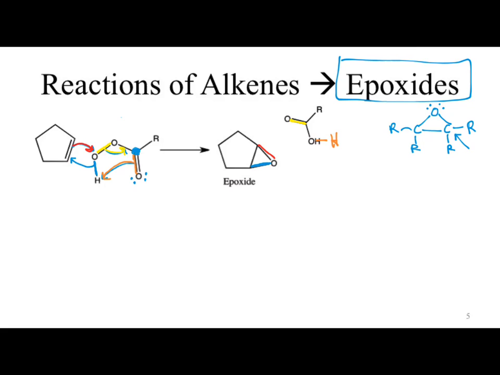Okay? So as far as what you're responsible for, if I give you a peroxy acid, which is this guy here, how do we know it's a peroxy? We see the O-O bond. How do we know it's an acid? OH. Not quite. An OH would be an alcohol. How do we get a carboxylic acid?